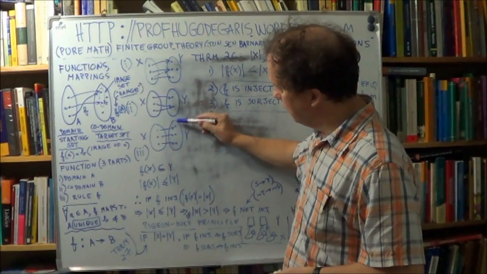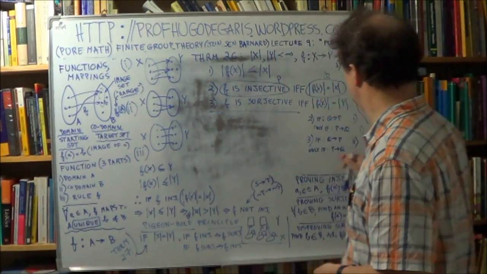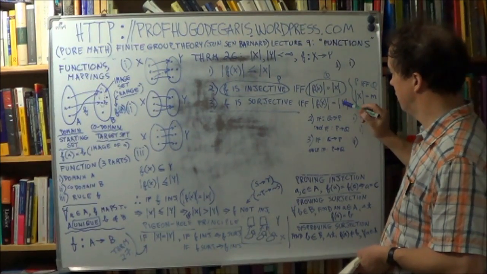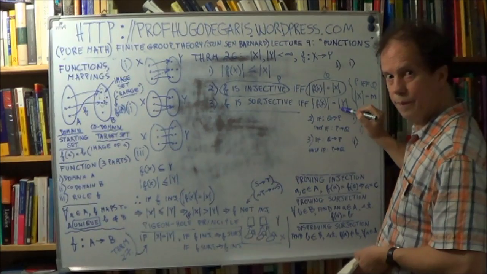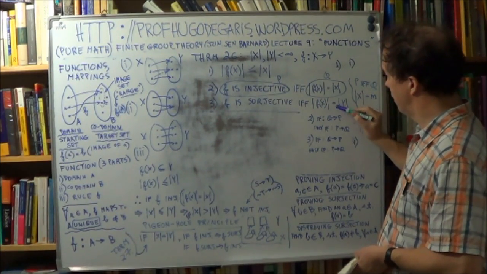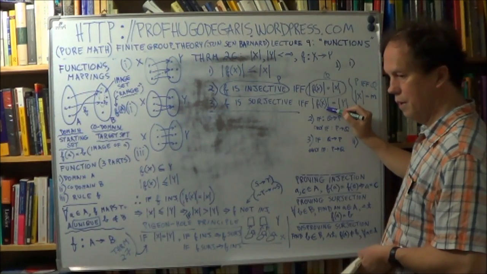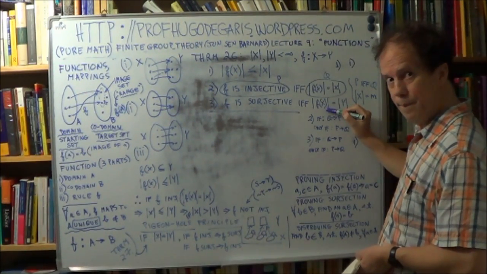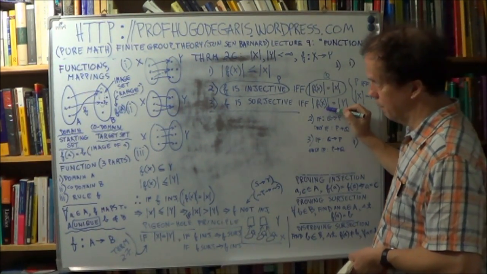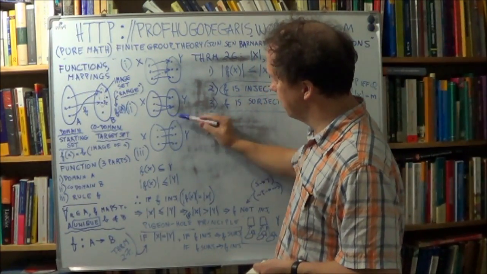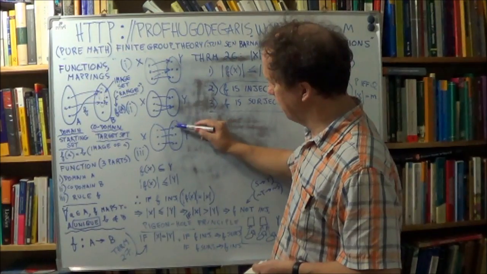Okay? Now, this here is the size of your target set, but it's equal to the size of your image set. So the number of images is equal to the size of your target set.